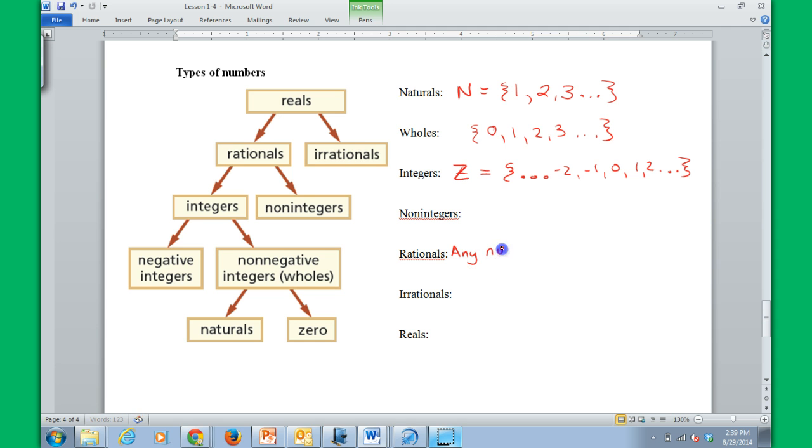Any number that can be in fraction form. All right, so that would be 1/2, -7/8, and so on. It can be any of those.